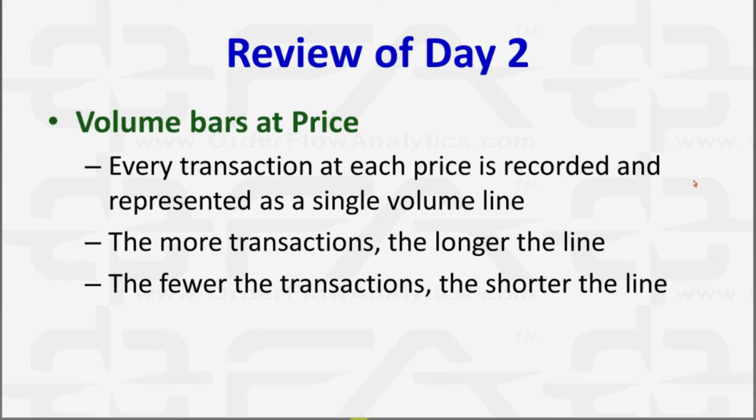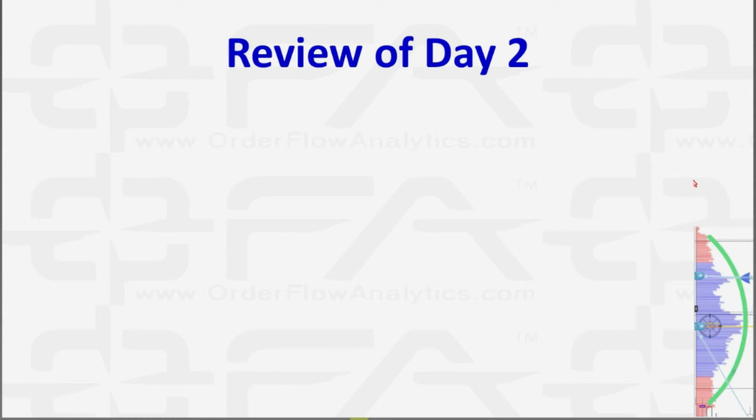So the fewer the transactions, what that's showing you is that buyers and sellers don't really want to execute trades in those areas. The more transactions, the more comfortable buyers and sellers feel, because they believe they can make profit, and profit is why people trade. Pretty simple.